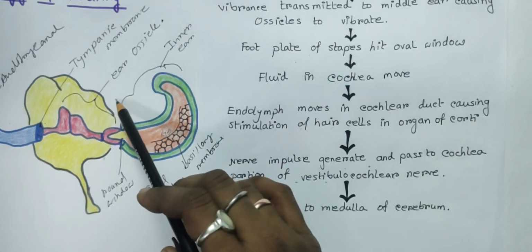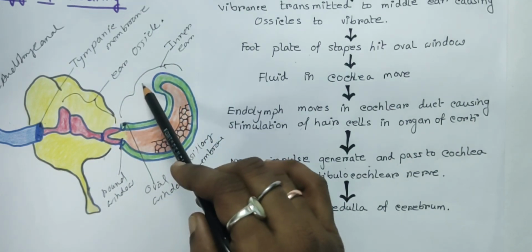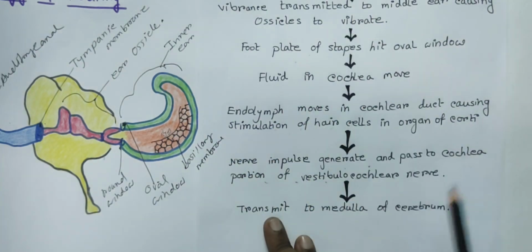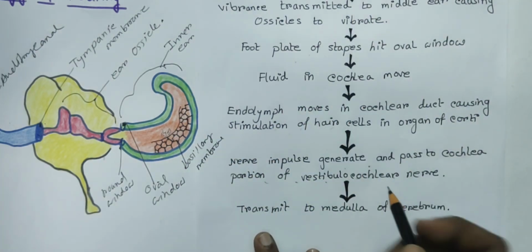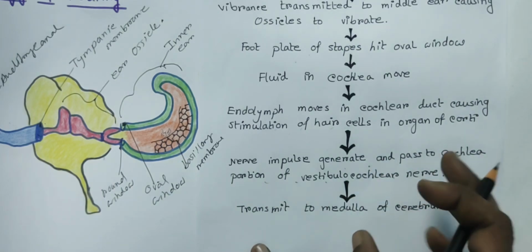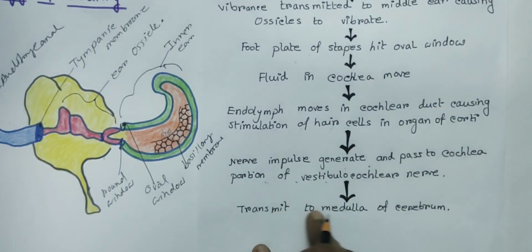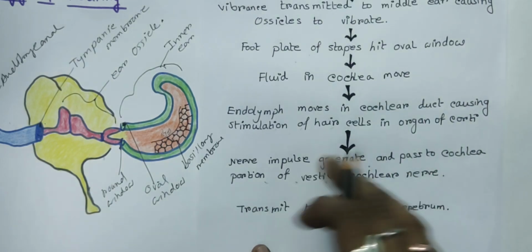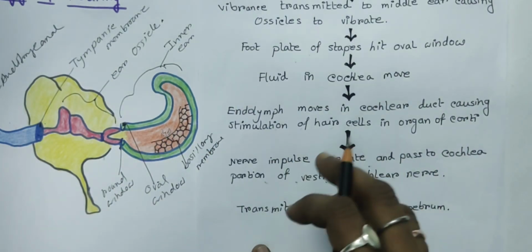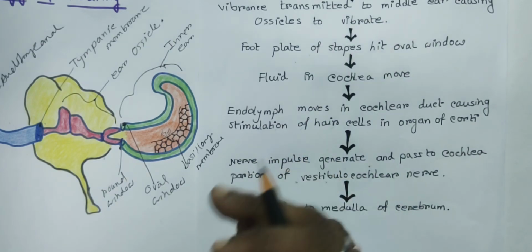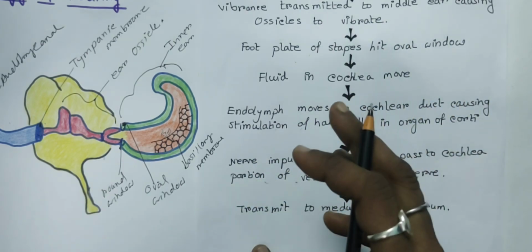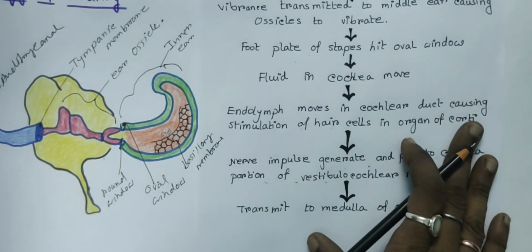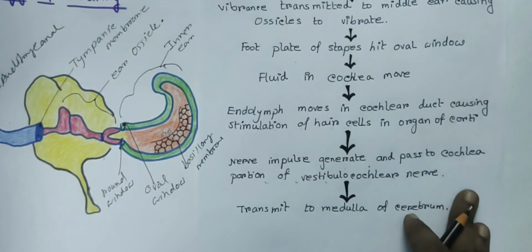That means the nerves coming out of the vestibule and also from the cochlea get fused to form the vestibulocochlear nerve. This nerve receives the sensory impulse and then transmits it to the medulla of the brain. So in this way the sensory impulse of the sound goes to the brain. So these are all about the structure of the ear and also the physiology of hearing.